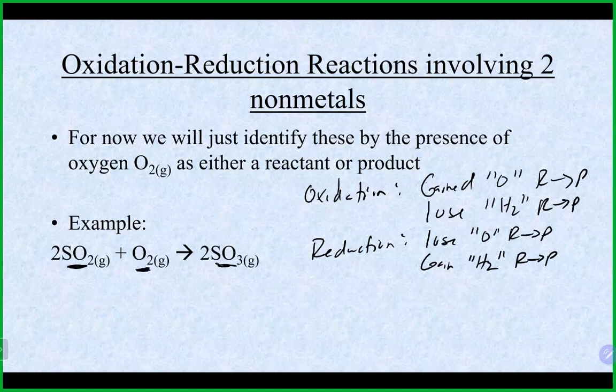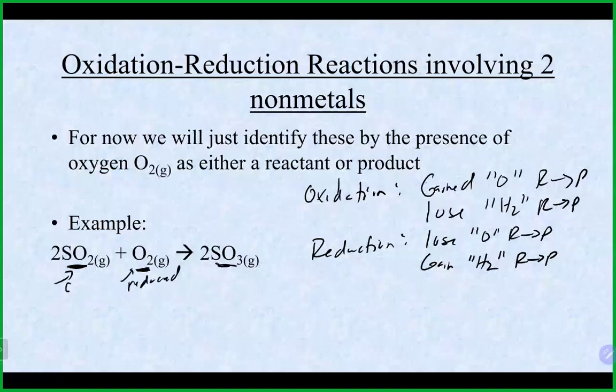So it kind of lost oxygen in that sense, and it would be reduced in this case. And so this guy would be reduced. This guy would be oxidized, and it's really the sulfur in this case that's being oxidized as you go through it. Now, this would be a case where if you were really doing oxidation states, you would have to do some math to figure it out, but we're not going to see too much of this at all. But this is, again, just another definition.